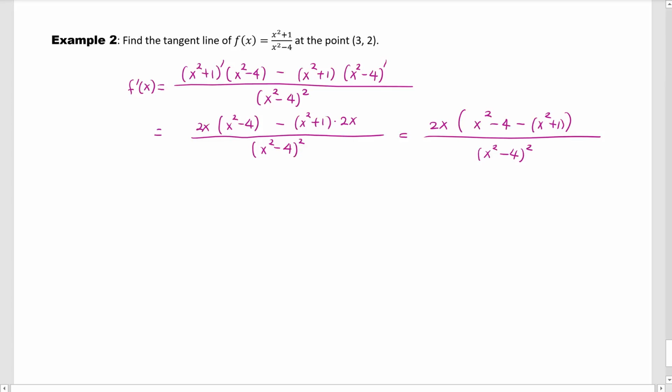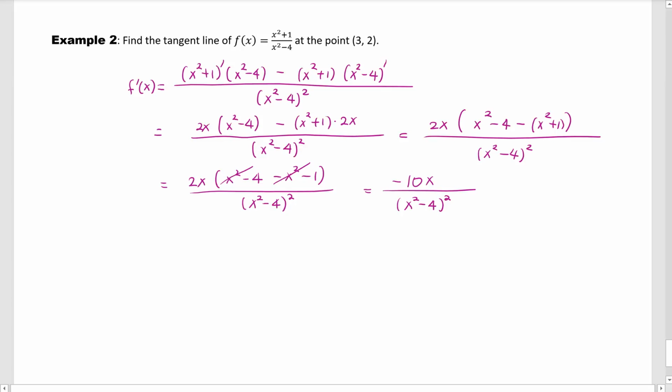So now let's distribute. So we have minus x squared and then minus 1, all over (x squared minus 4) squared. Wow, can you see something amazing? They cancel. −4 minus 1 is −5. So we have −5 times 2x, −10x all over (x squared minus 4) squared.